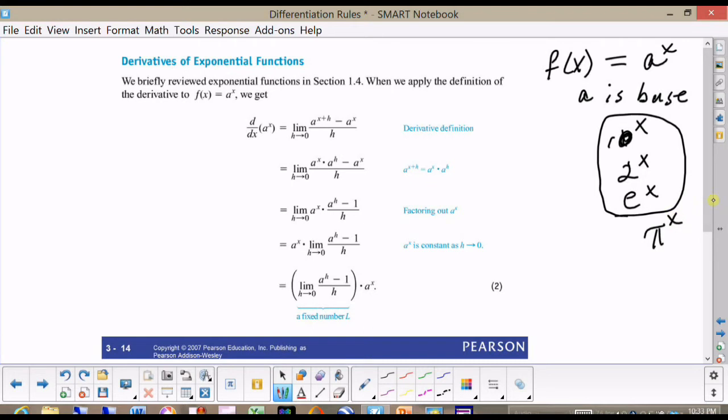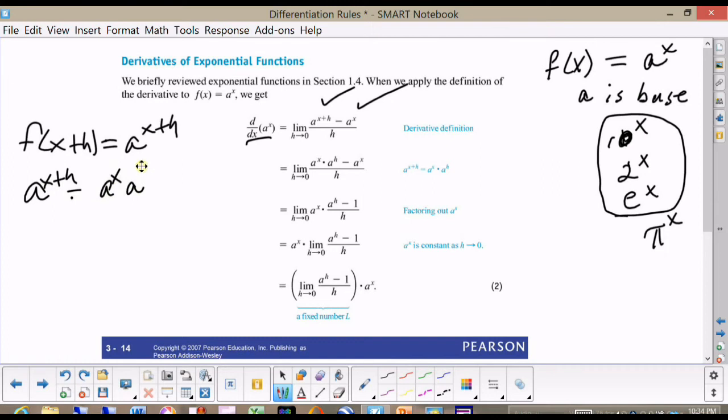Now, to do this, we're going to use the definition of the derivative. So f of x plus h is equal to a to the x plus h. So the derivative is going to be a to the x plus h minus a to the x, over h. And notice a to the x plus h is equal to a to the x times a to the h.